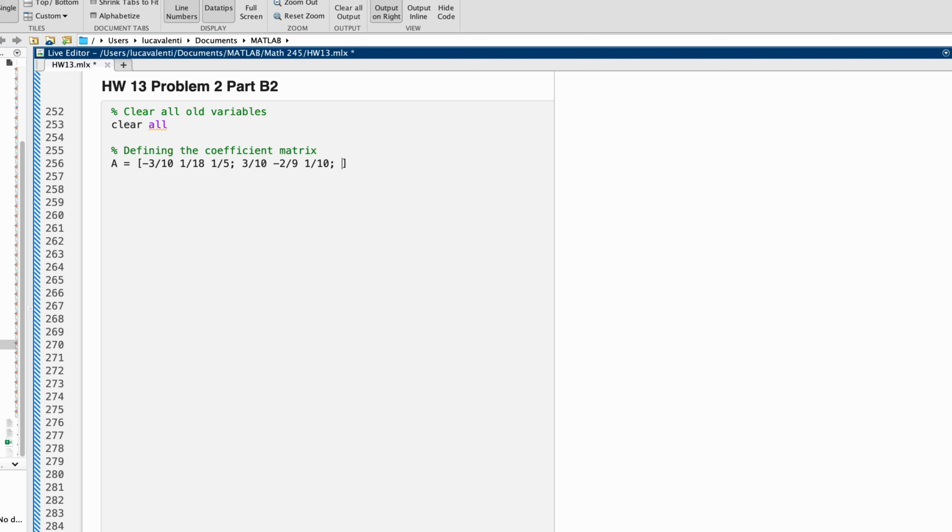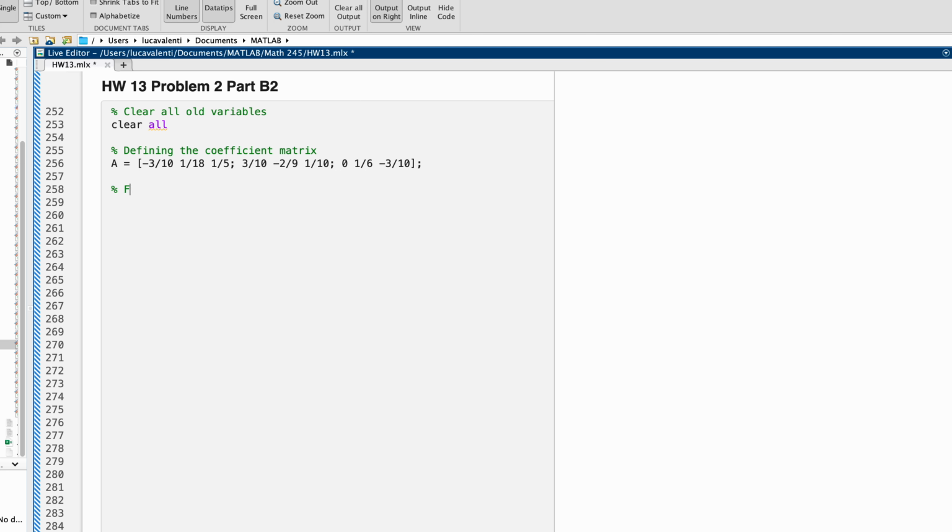And the last one is going to be 0, 1/6, and -3/10. So I'm not going to output it because I don't want to clutter this. Let me just check. -3/10, 1/18, 1/5, 3/10, -2/9, 1/10, 0, 1/6, and -3/10.